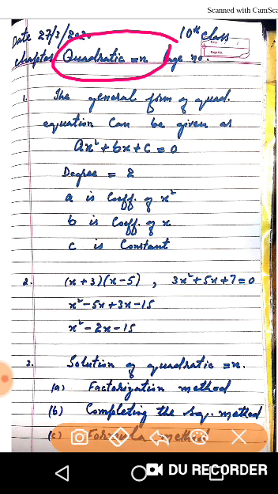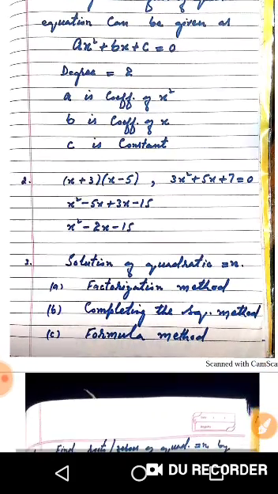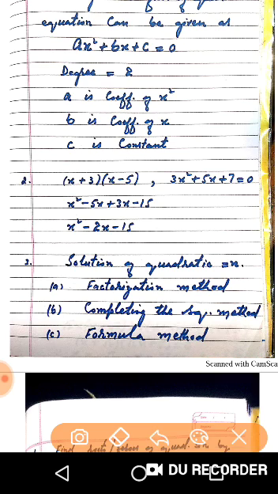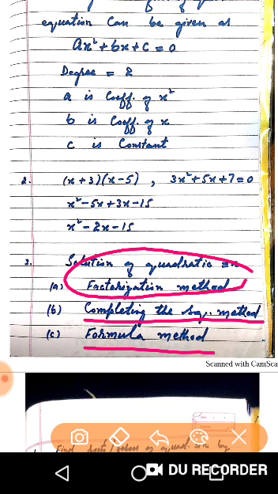In this chapter we are going to discuss the general form of quadratic equation. Then we are going to learn about the solutions of quadratic equations. There are three methods of finding the solution of quadratic equation: the factorization method, the completing the square method, and the formula method.